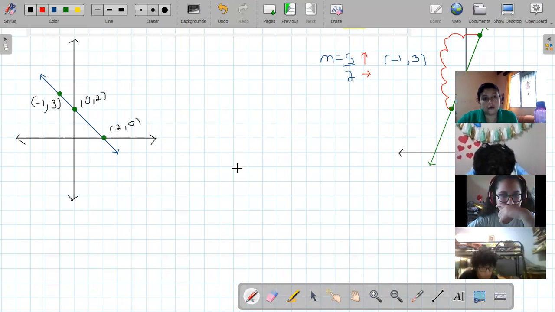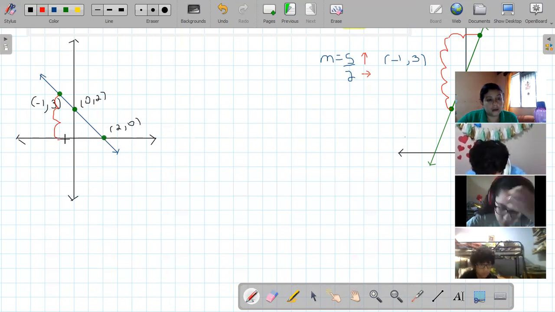You choose the way that you want to go, down or up. Since I'm using the first one and the last one, I'm going down just because I want to. So I'm going to count my spaces down. 1, 2, 3. 3 because my point is in there. 3 down.